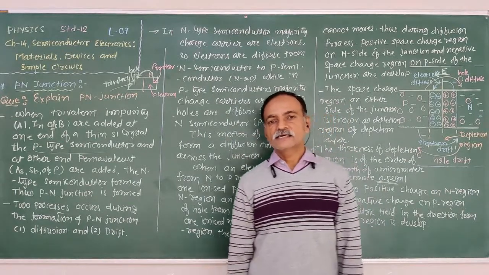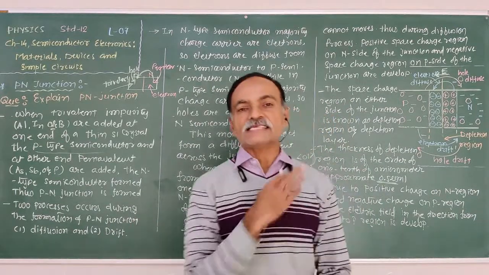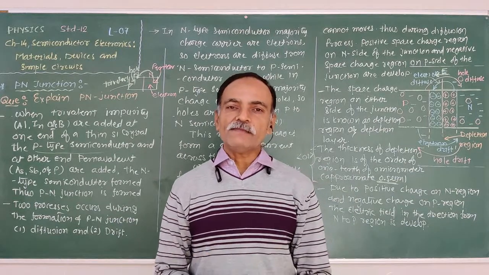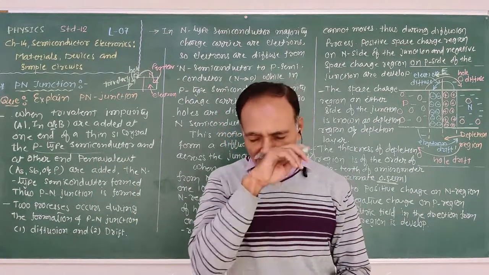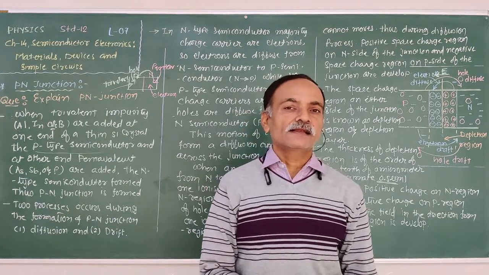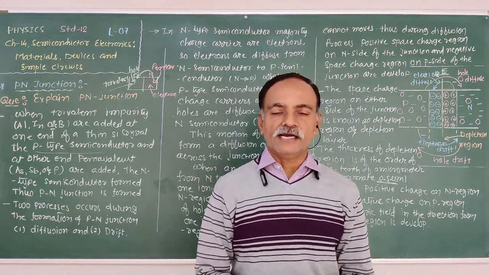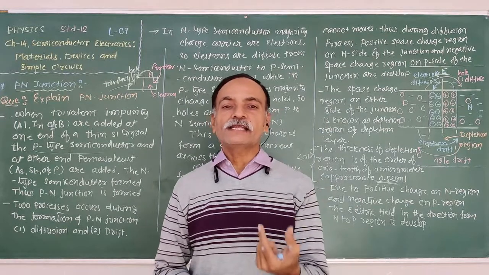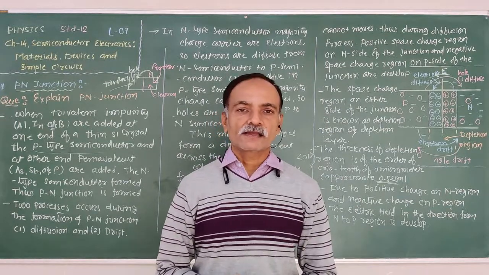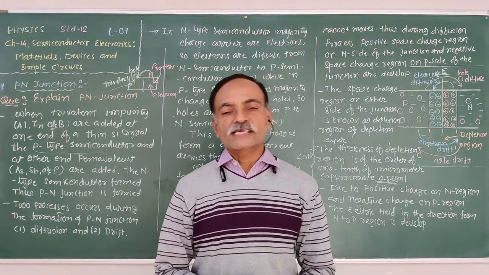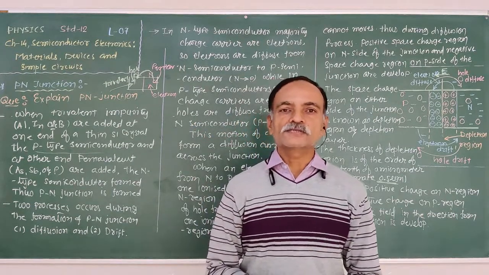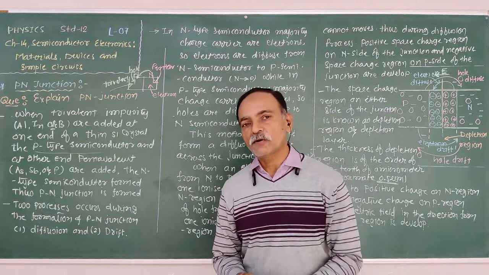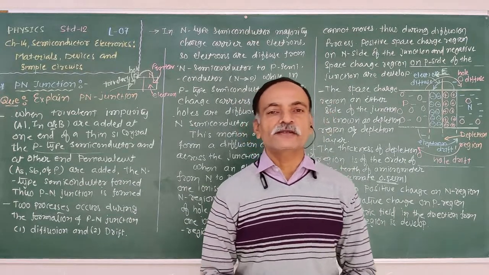Thus, the diffusion takes place less after some time and the drift takes place more. This process continues till the currents due to diffusion and drift become equal. So that is the process of p-n junction formation, and how the current is formed during the p-n junction.